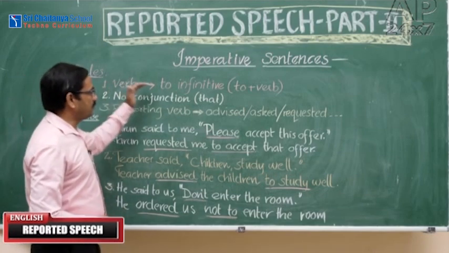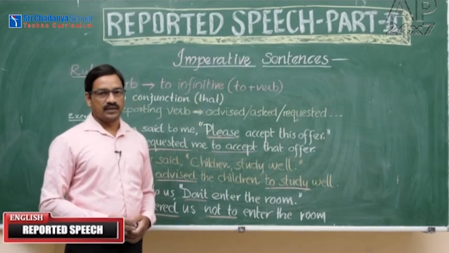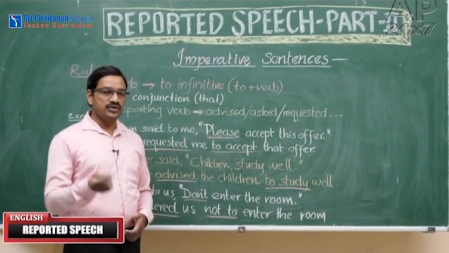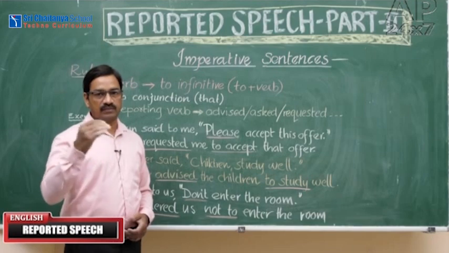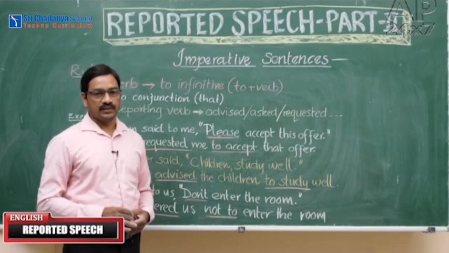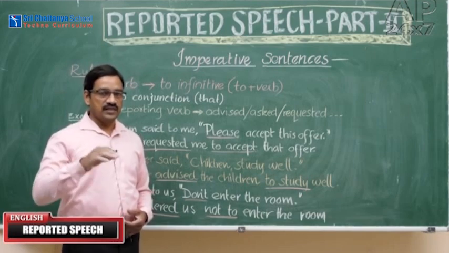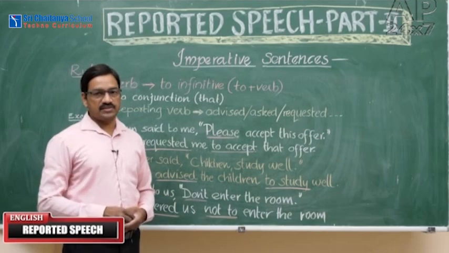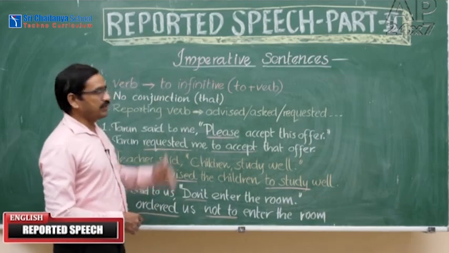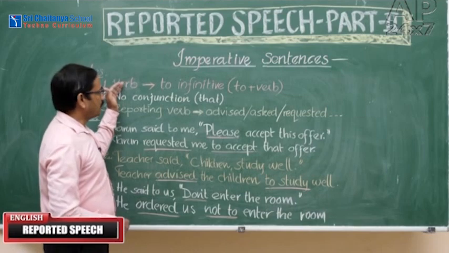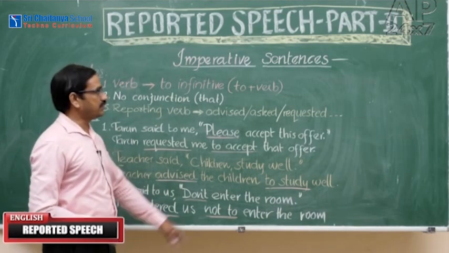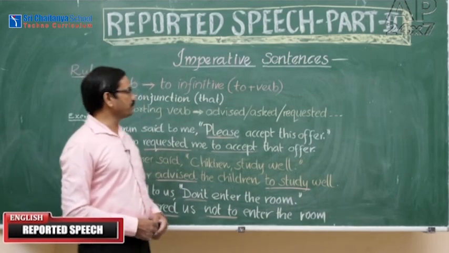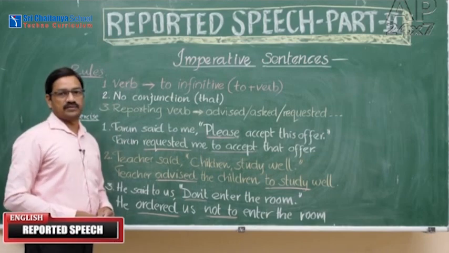The verb we have to change into to infinitive. If you remember, in interrogative sentences we changed the verb form into past form. But in the imperative sentences, the verb changes into to infinitive, that is to plus verb form, and there is no conjunction.